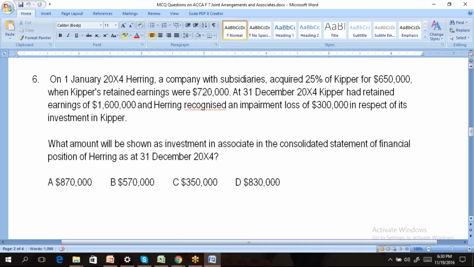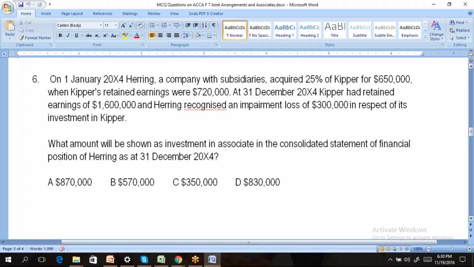So can we quickly do it? The cost of the investment was 650. For the retained earnings, will it be 25% of the 1,600?